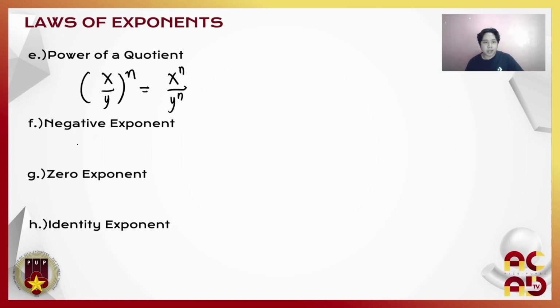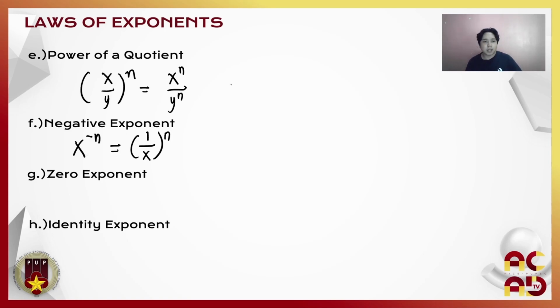Let's say x raised to negative n. This will be 1 over x raised to n. So when we have a negative exponent, we just take the reciprocal. The base x goes to the denominator, and the power becomes positive.